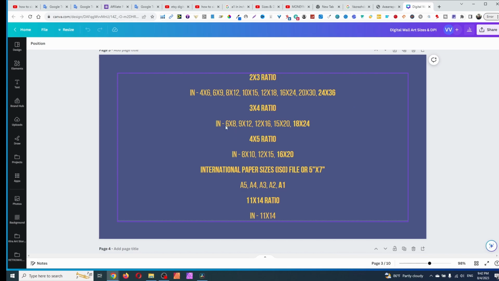The 3x4 ratio includes 6x8, 9x12, 12x16, 15x20, and 18x24. The 4x5 ratio includes 8x10, 12x15, and 16x20. International paper size includes A5, A4, A3, A2, A1, and so on.